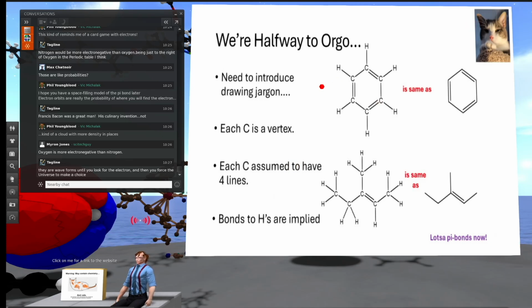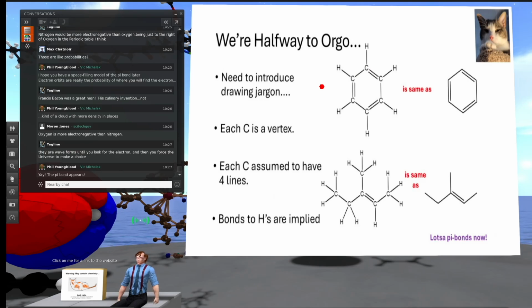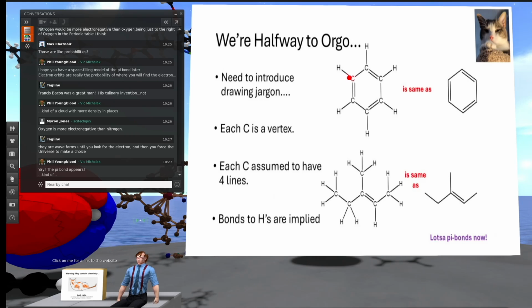I'm going to introduce a little bit of the drawing jargon. So this is a molecule, it's benzene. It's got 6 carbons in a ring. Each carbon has a hydrogen, and it has a single bond to one carbon and a double bond to another carbon. We will often represent it in the manner shown on the right.